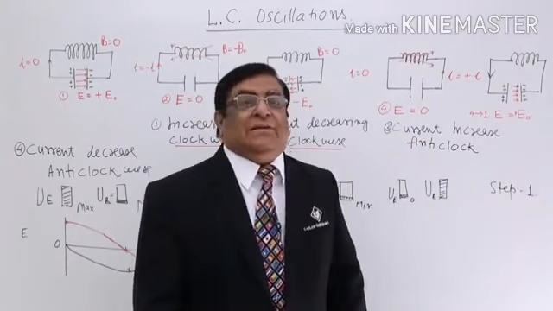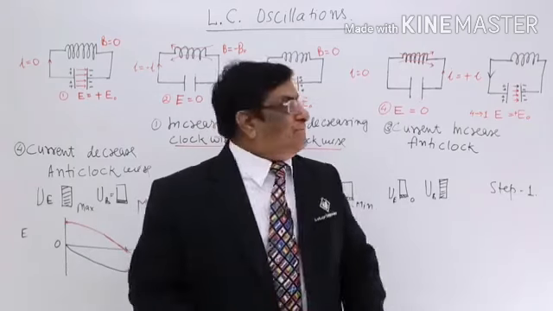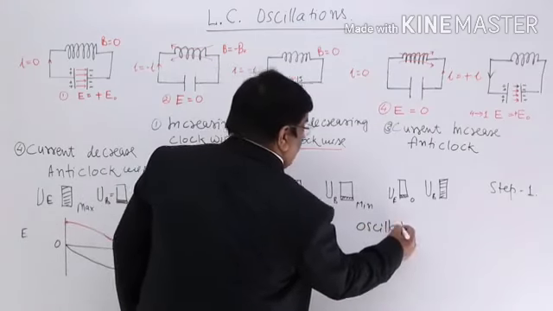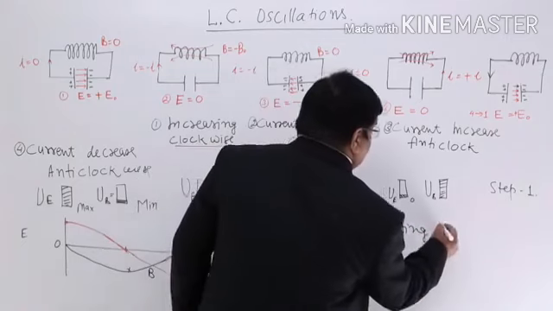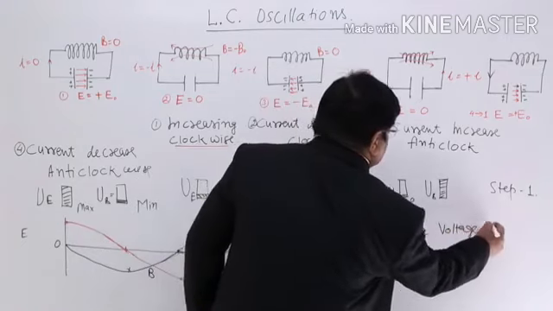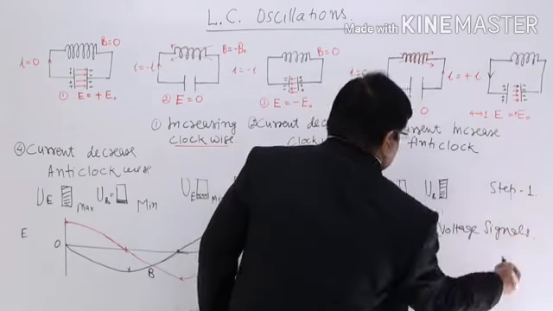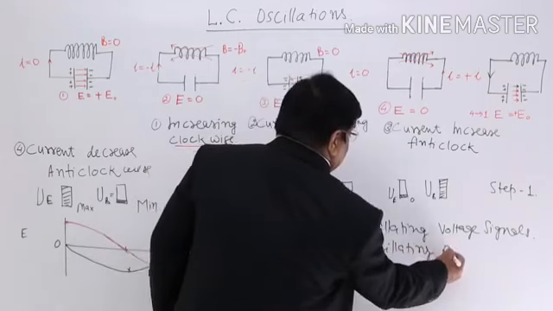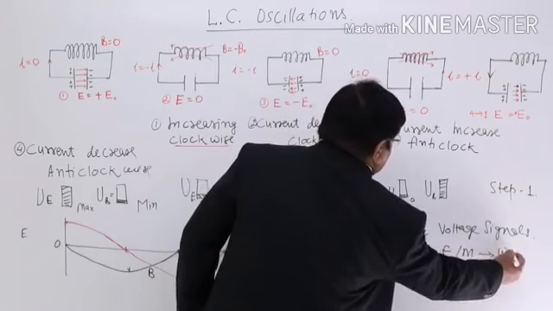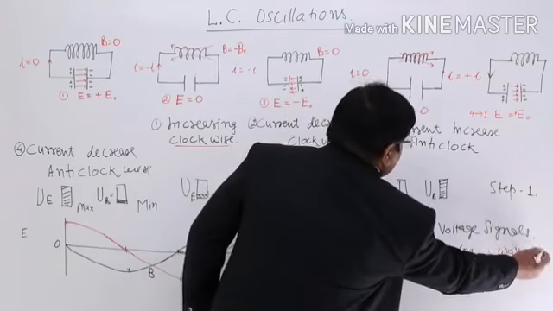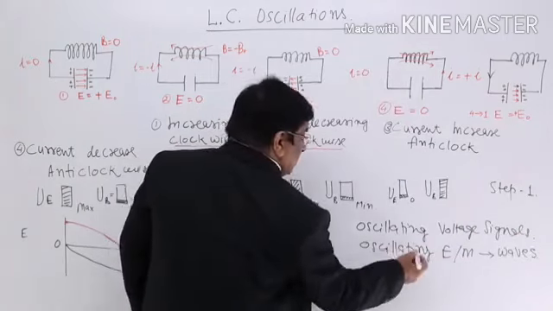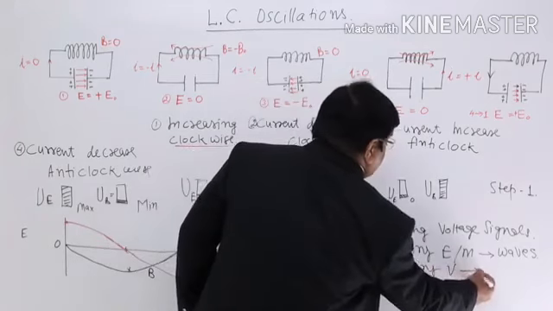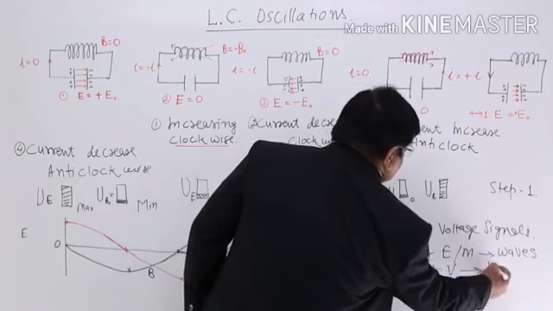Now, this is creating electromagnetic waves which we use a lot, and I told you oscillating voltage, signals, oscillating EM, and this makes waves, that is electromagnetic waves which we use in mobiles, and oscillating voltage that is required for inverters.